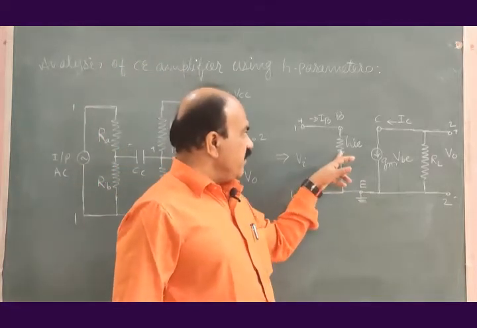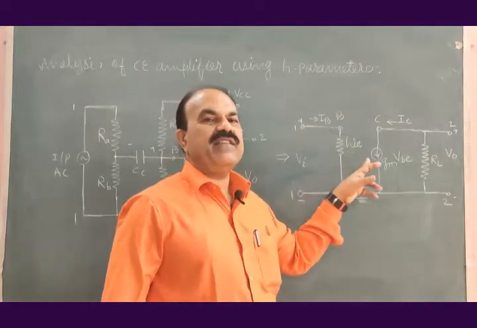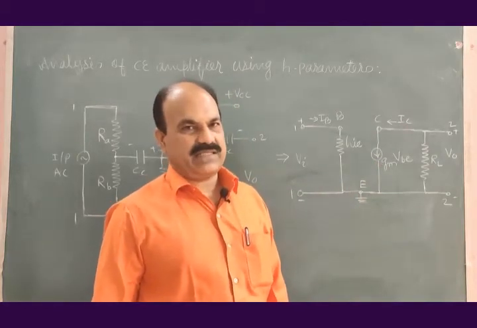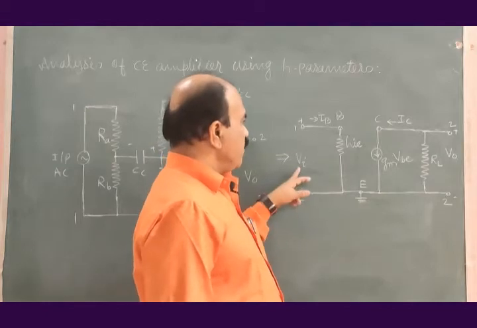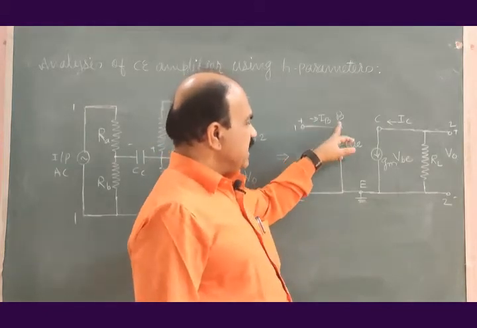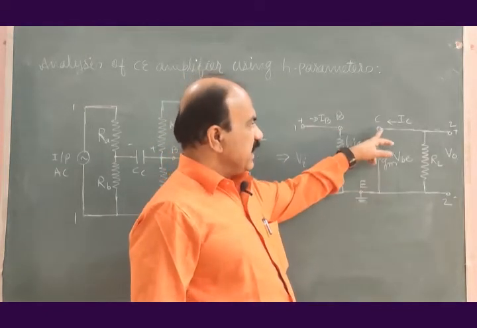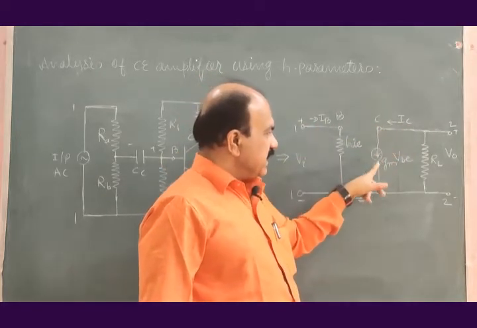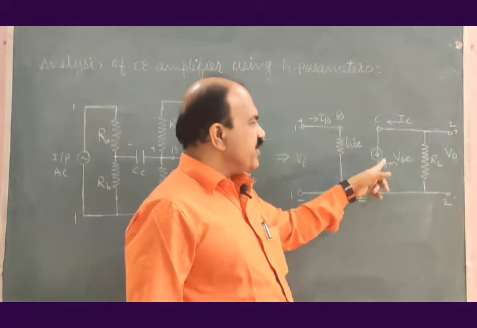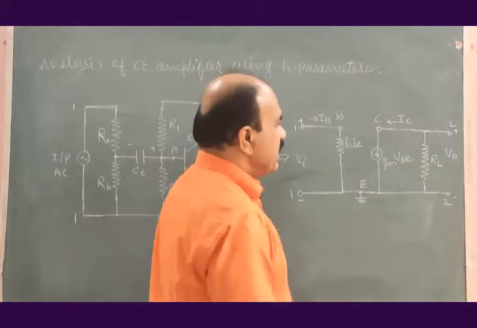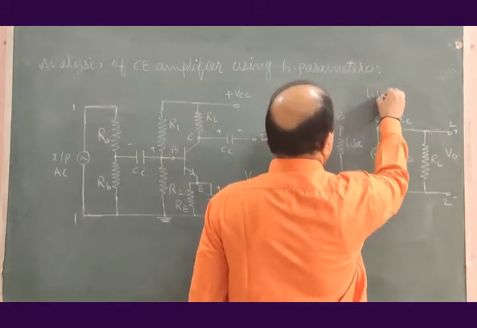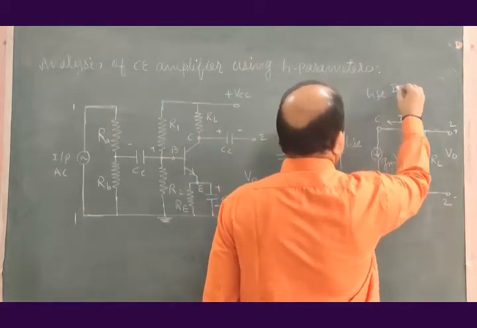And this will be what? HIE. That is what? H11, input impedance. Input voltage VI. Base terminal, emitter terminal, collector terminal, base current, collector current. Collector current is represented by the source GMVBE. GMVBE is also written as HFEIB.